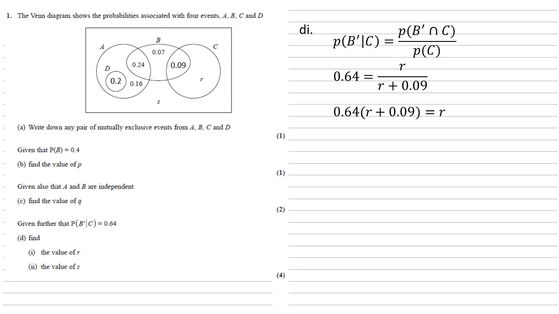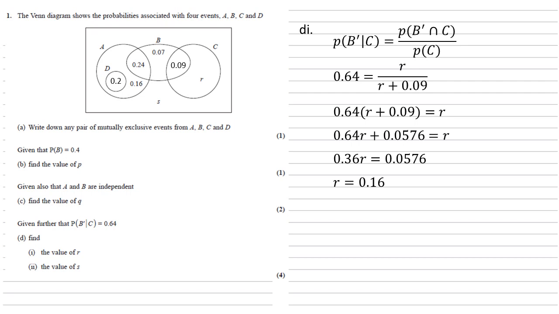Multiplying both sides by the denominator, we get 0.64 times (R plus 0.09) equals R, and expanding the left hand side gives us 0.64R plus 0.0576 equals R. If we now subtract 0.64R from both sides, we have 0.36R equals 0.0576, and dividing by 0.36 gives us that R is 0.16.